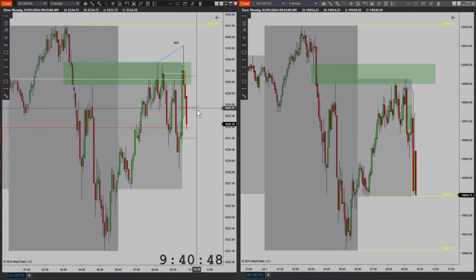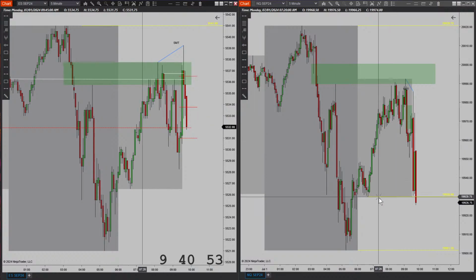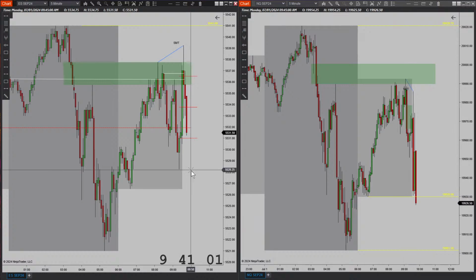Perfect. All right. NQ just hit its first objective. First target will be 28.25, right? Yeah, 28.25. All right. There we go. We got a buy order at 28.25.